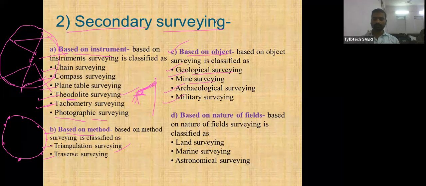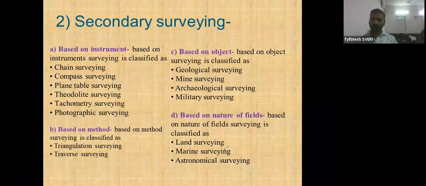Secondary classification. First one, based on instrument. Chain surveying.